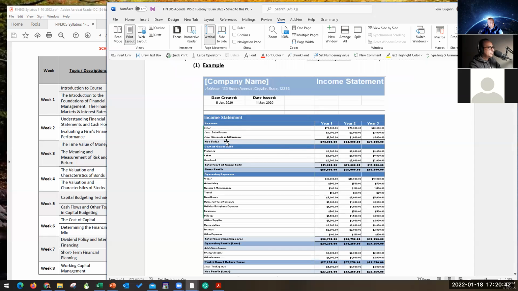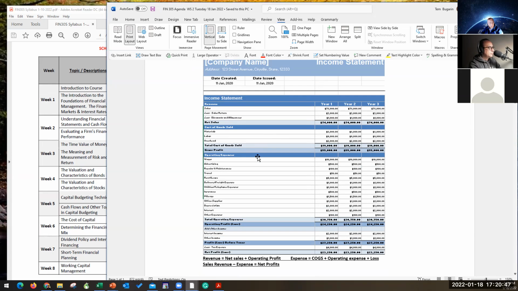Okay, here's your income statement. Here's your revenue. Here's the cost of goods sold. Here's the operating expenses. And here's the profits. Now, if you take a look at it, revenue equals net sales plus operating profits.